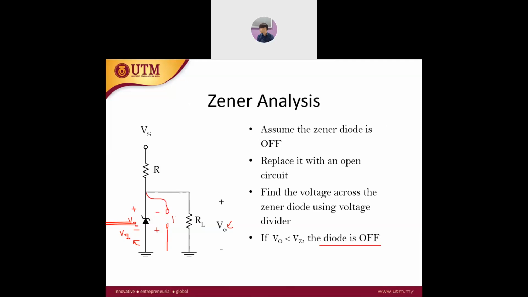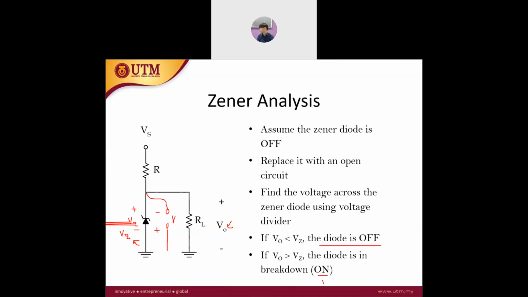When the value of the voltage found is less than the VZ, the diode is off. If Vout is greater than VZ, the diode is in breakdown, which is on.